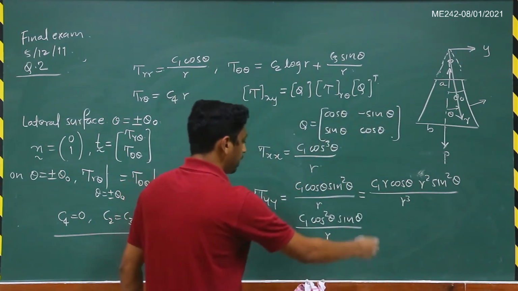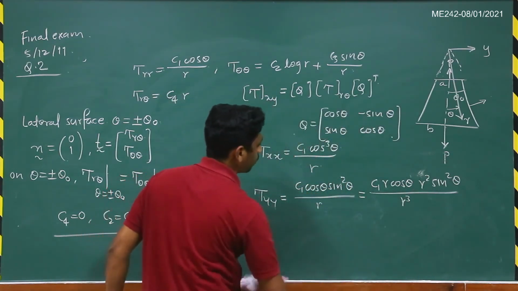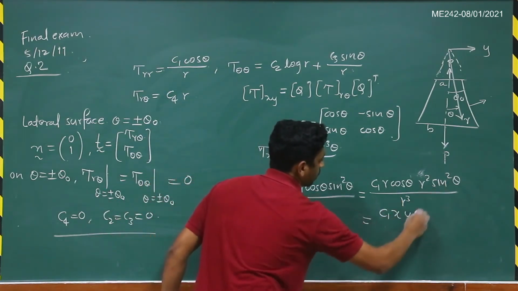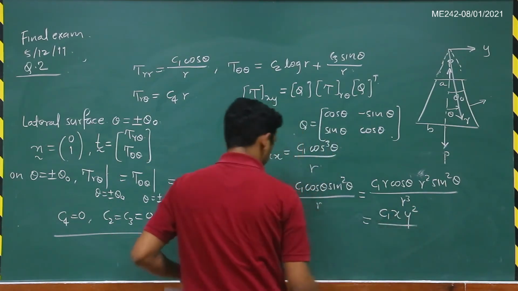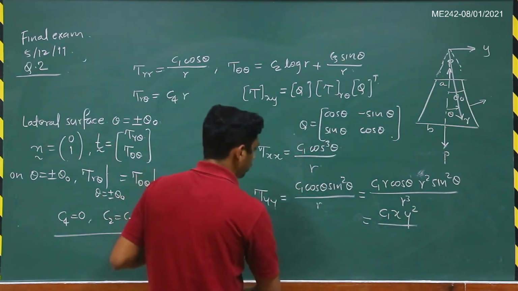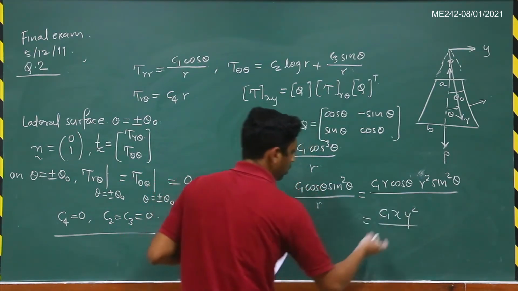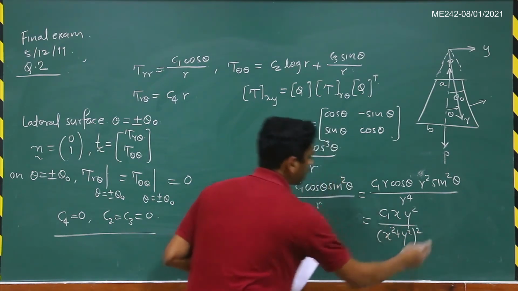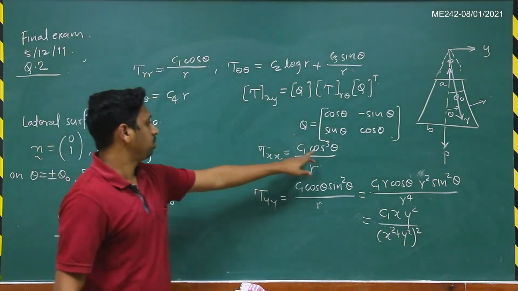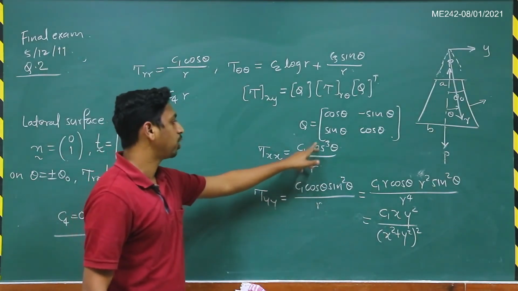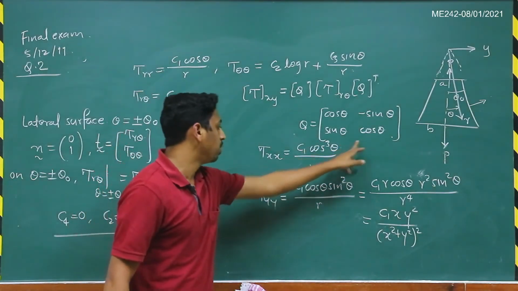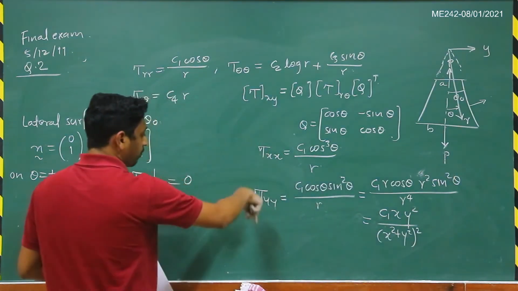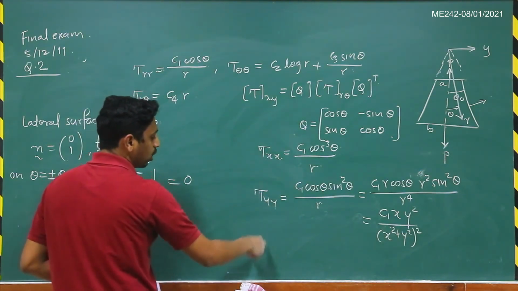So r cos theta is x, and r square sin square theta is y square, divided by r raised to 4, which is x square plus y square, bracket square. Similarly, r cube cos cube theta can be written as x cube divided by x square plus y square, bracket square. And similarly, we can find these expressions for tau xx, tau yy and tau xy.